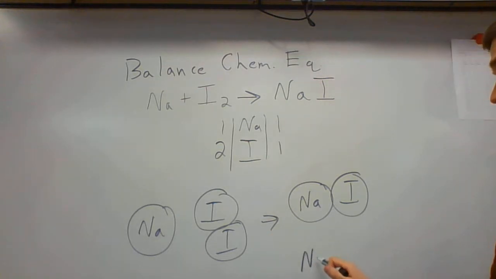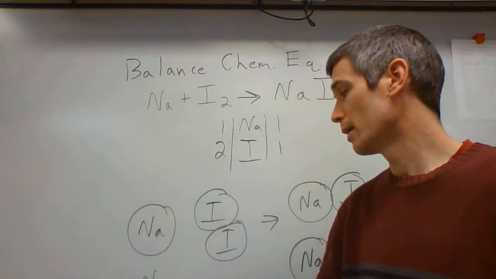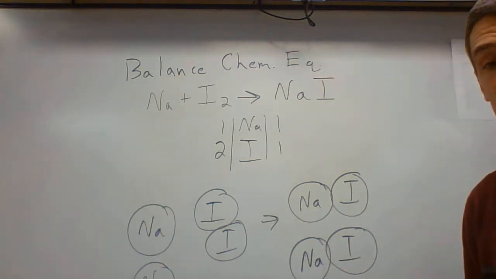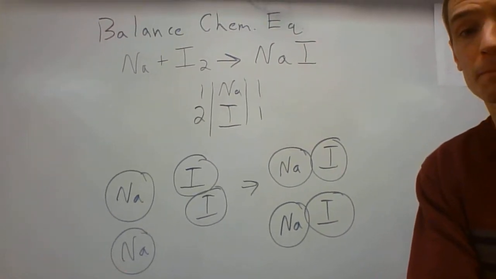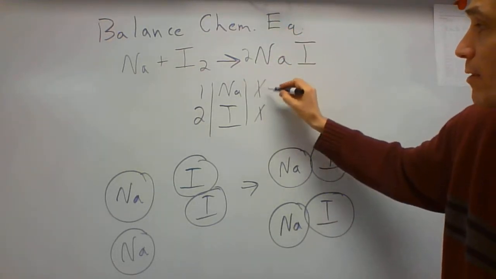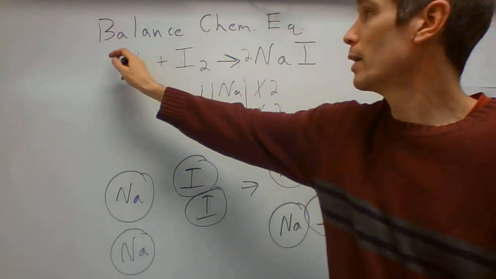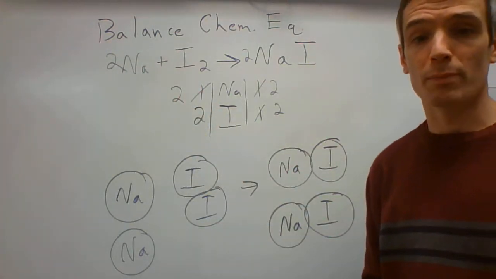So I need to add it like that, and then I need another Na over there. Now, essentially, I'm putting a 2 here and changing this and this to 2 and 2, and a 2 there, and now it's balanced.